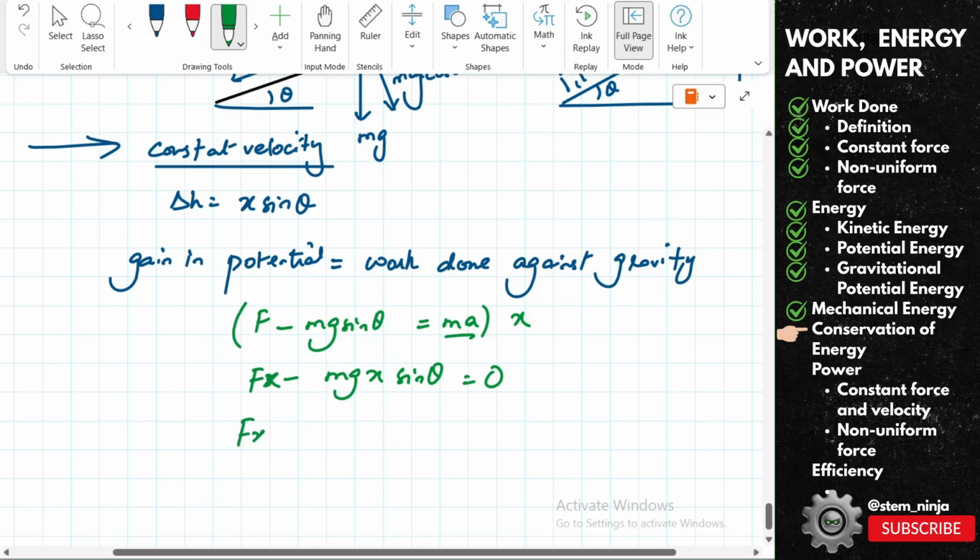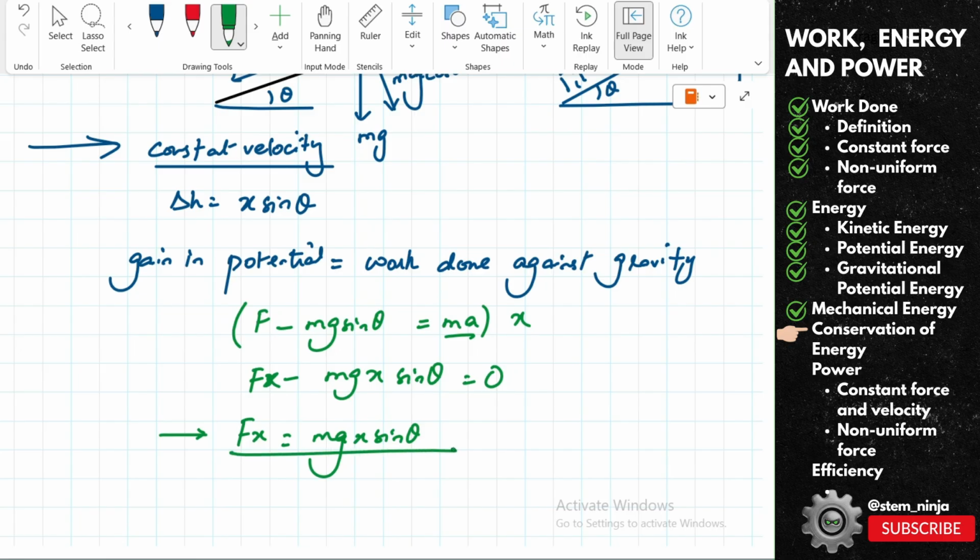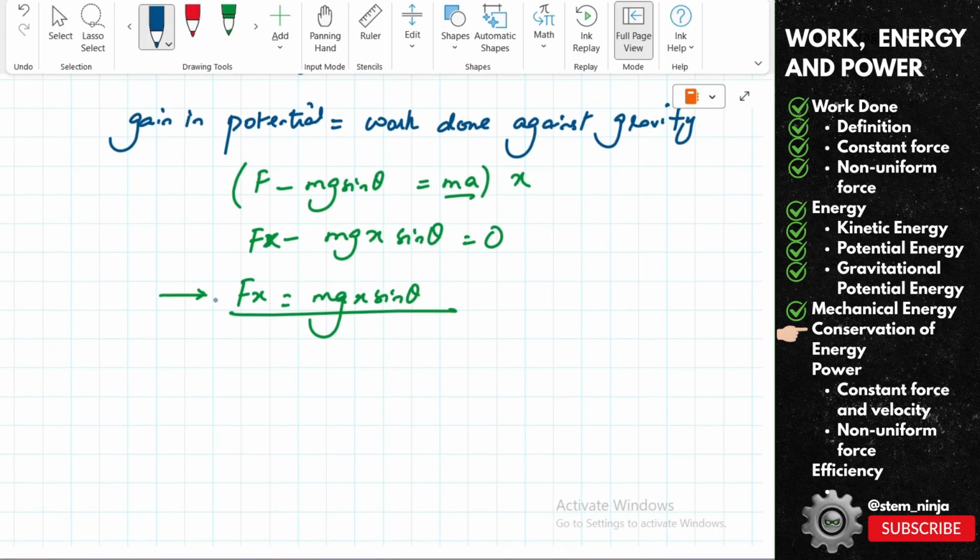This would mean that the work done by the force is equal to work done against gravity. So this represents the gain in potential and the work done against gravity. So the change in potential would be equal to work done against gravity, which is mg delta h, which in this case would be mgx sine theta.